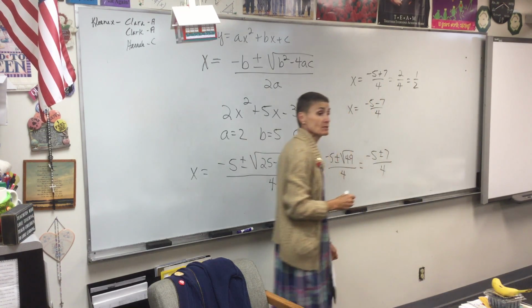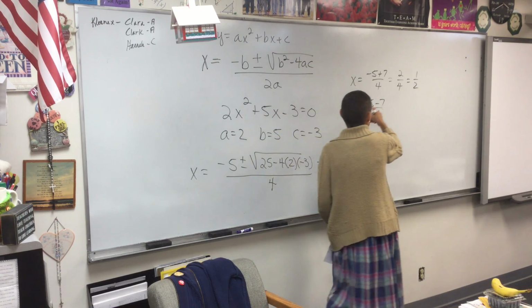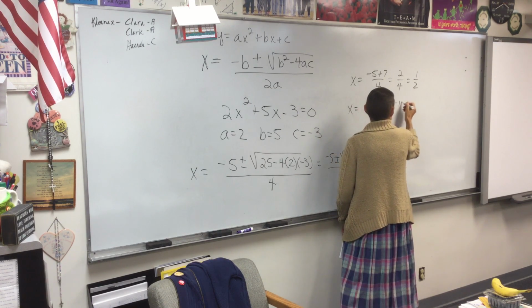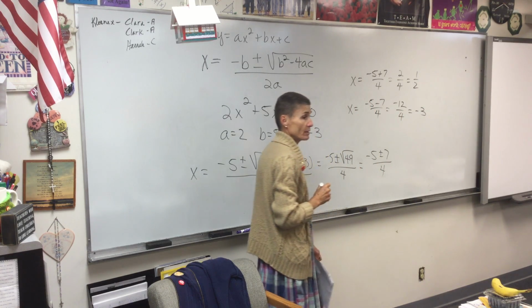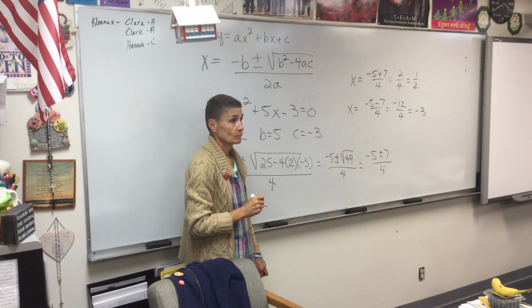So one of your answers is 1/2. -5 minus 7 is -12 over 4. Your other answer is -3. Right?